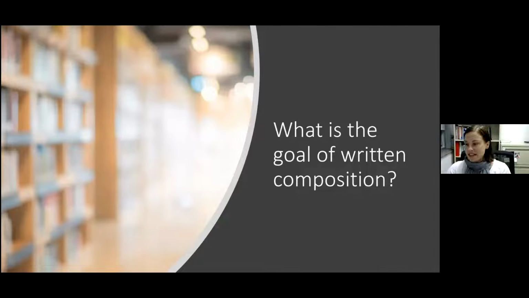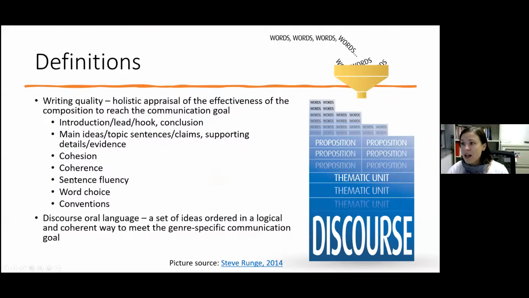Because I think typically what we start out with is the goal of written composition, which is students creating a written composition that indicates the culmination of their writing achievement. And typically what we find that looks like is a holistic appraisal of the students' effectiveness in their composition to reach whatever communication goal was defined by the task.